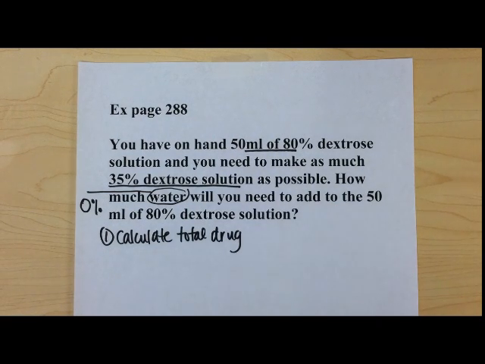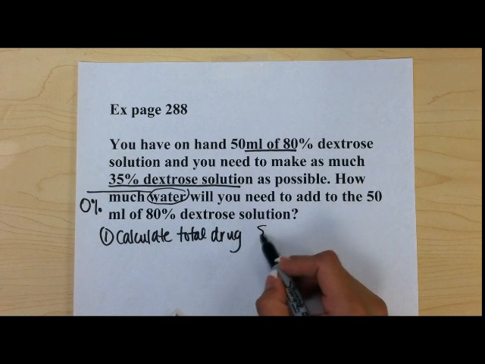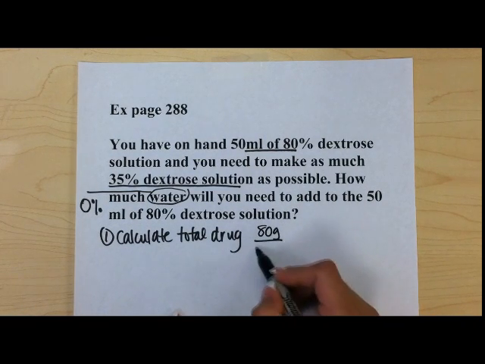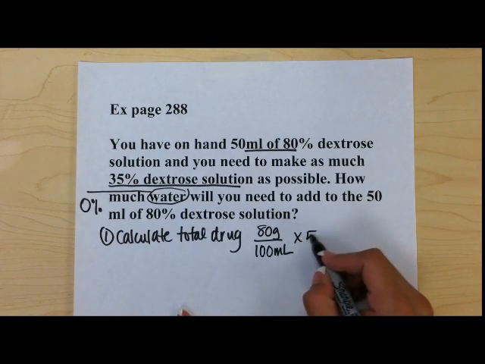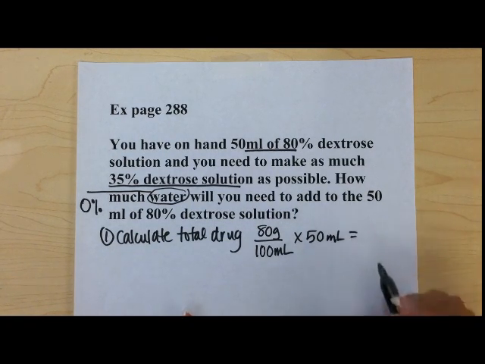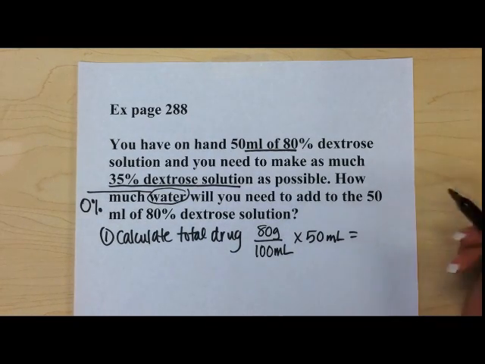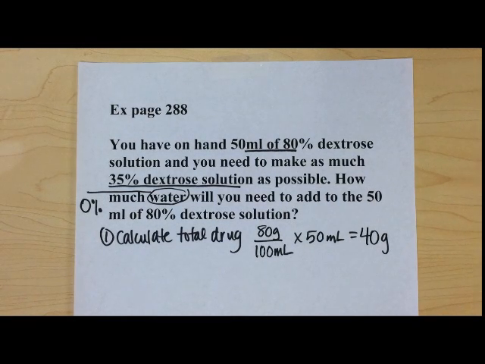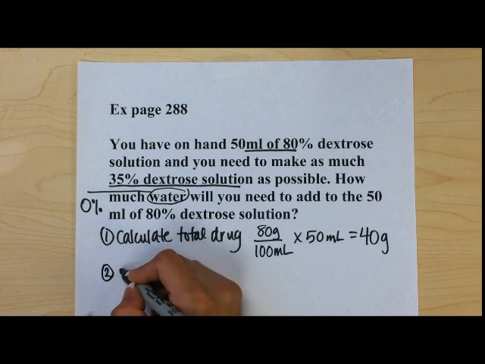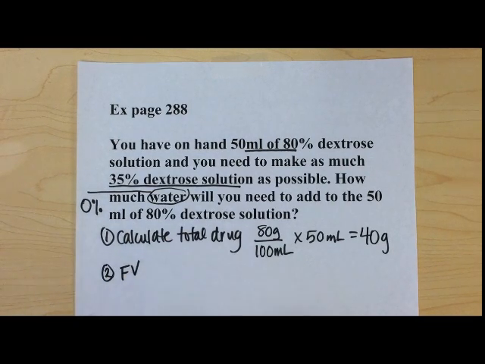To find the total drug there, I have 80 grams over 100 mLs, because that's the definition of 80%. But what I have on hand is 50 mLs. So my total drug is just half of 80, so it's 40 grams of total drug. Now I'm going to calculate the final volume, or the total volume that I have here.